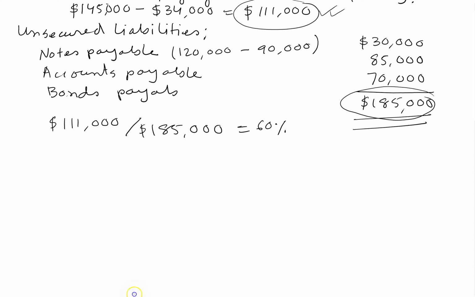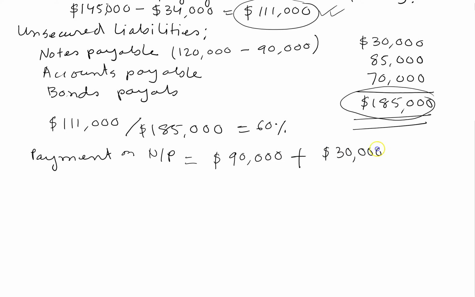So the payment on notes payable is the land, which is used as a security, 90,000, plus this unsecured portion of 30,000, but only 60% will be paid.